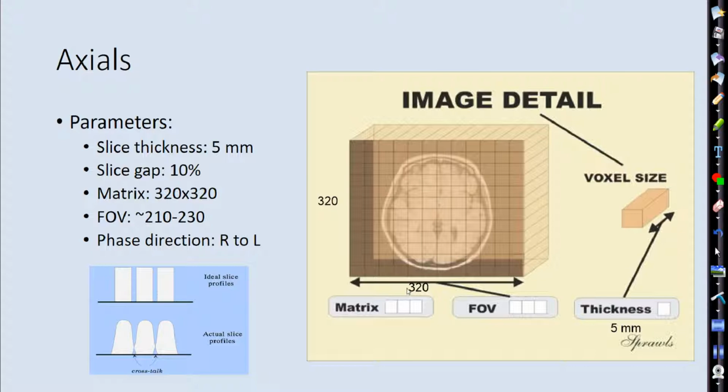So we have a matrix of 320 by 320, not any different from X-ray, right? Our field of view is this entire thing right here. That's our field of view. Our slice thickness is this.